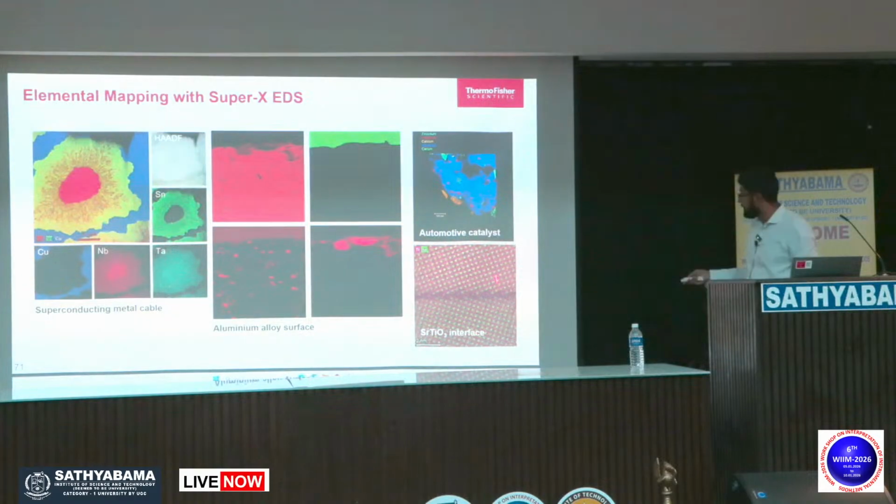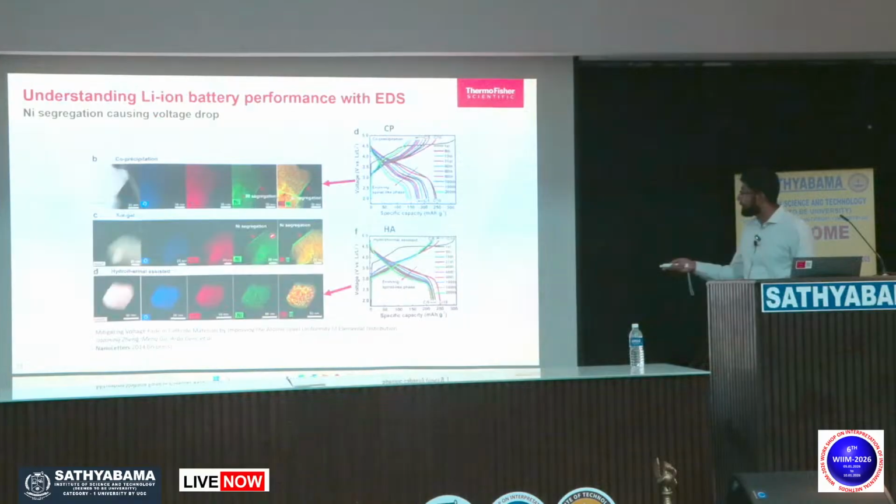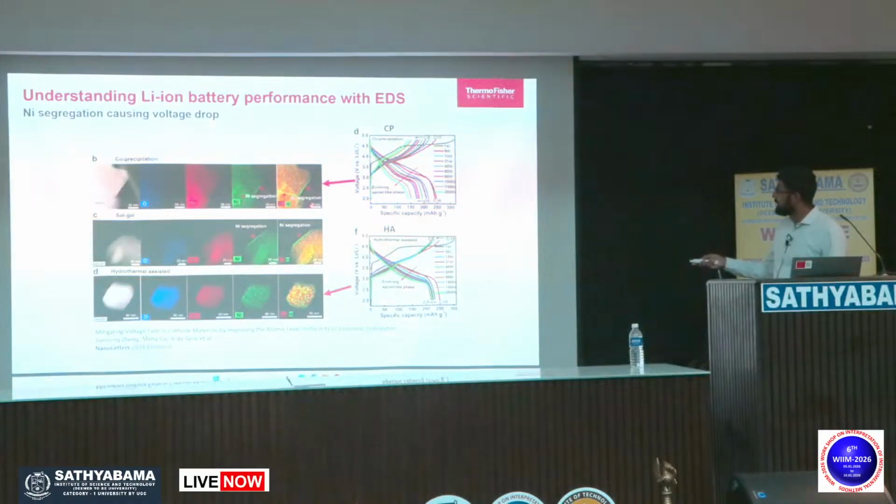But what more? The distribution can also be for battery material, and you can find the segregation in that EDS map. You can see here, segregation is very prominent. You can have charge discharge cycles, and you can see how this element behaves in EDS.